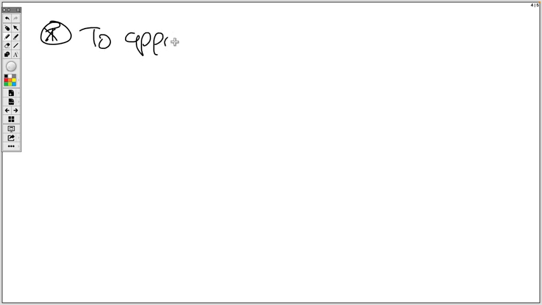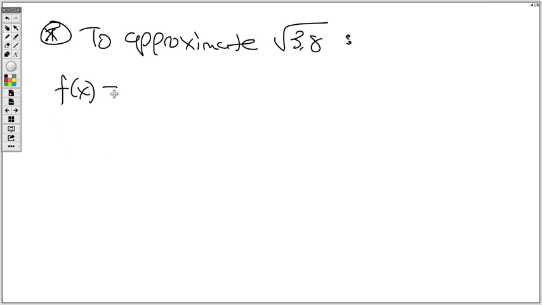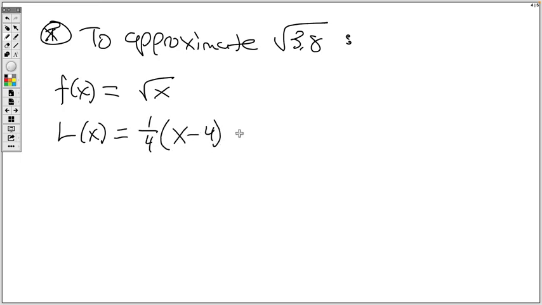To approximate the square root of 3.8, this is the following thing. So I've got my f of x is the square root of x. And I'm going to call this thing L of x. L for what? Line. I'm going to call this a quarter x minus 4 plus 2. Okay?